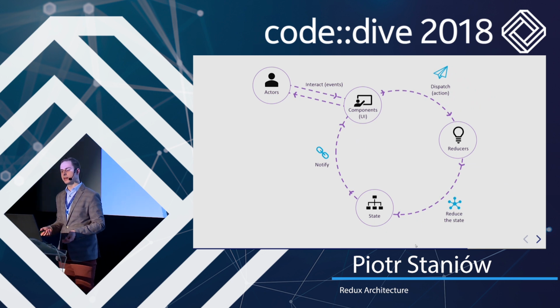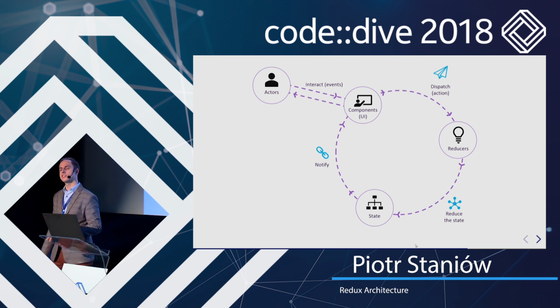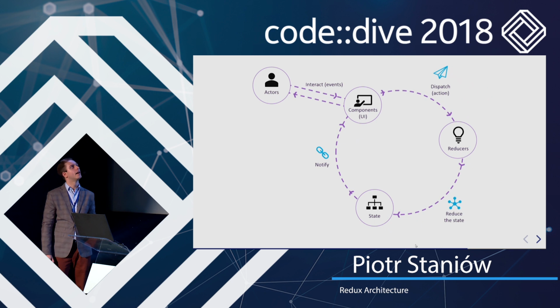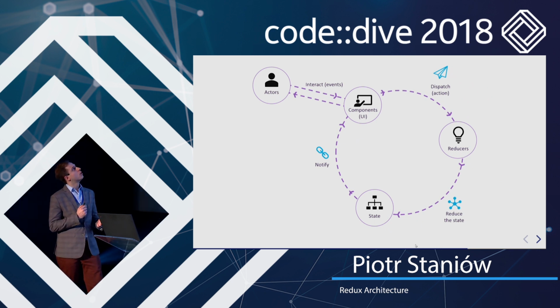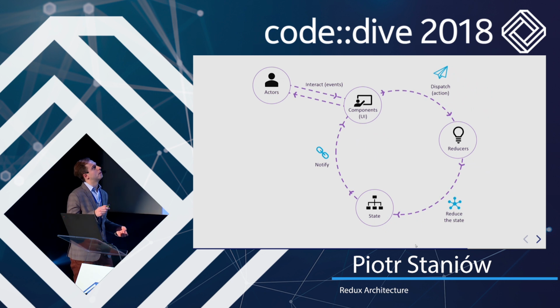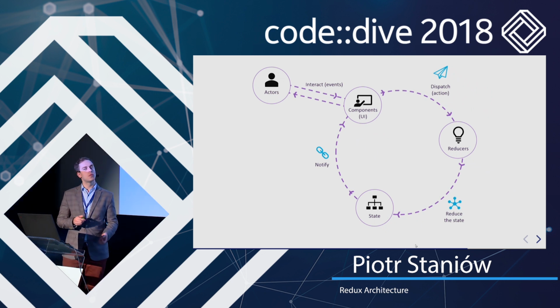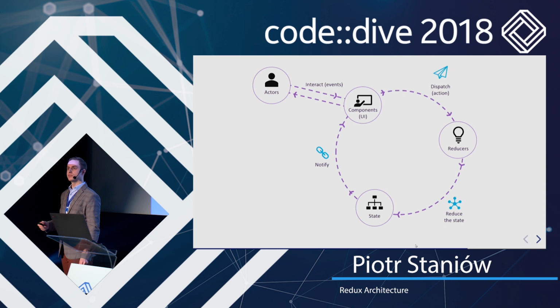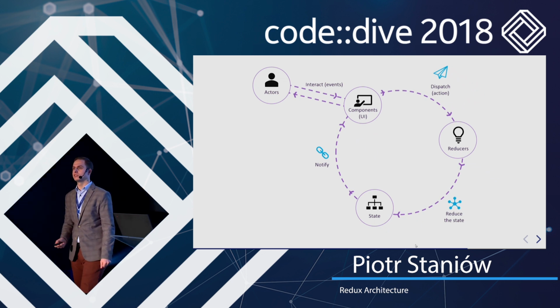Basically anything that may change your application state, that is a source of information in your app. When any given actor interacts with your system, described by this circle, it usually interacts with some components.